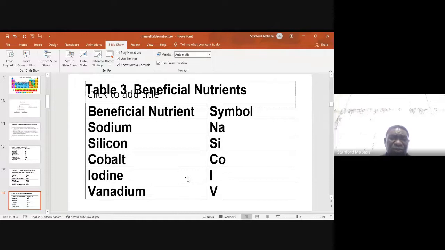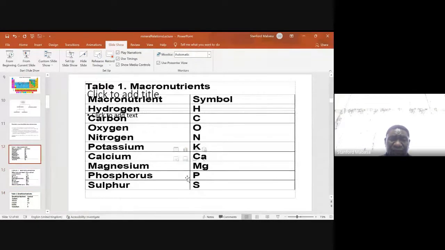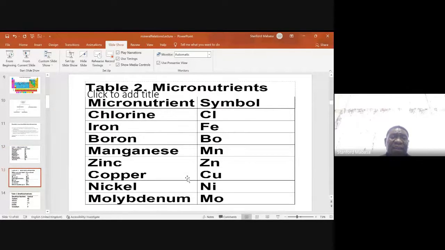So we are not going to spend too much time on these ones. But we will focus more on the table 1, starting from nitrogen, ending up with the sulfur. And then on table 2, we will talk about these micronutrients.